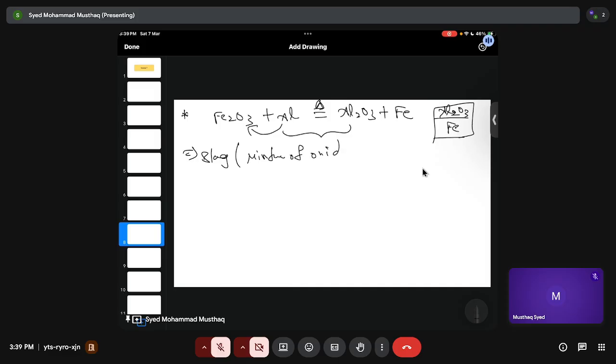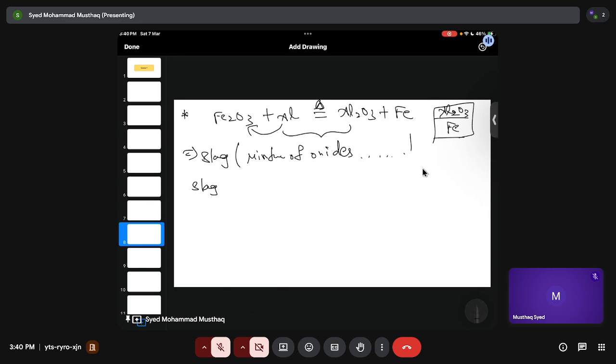Some sulfides will also be there, but in minor quantities. The major component of slag is oxides. Slag is lighter than your metal. We have seen that in lead extraction. So what are the different properties of slag? Slag is very important in your metal refining or metal production.